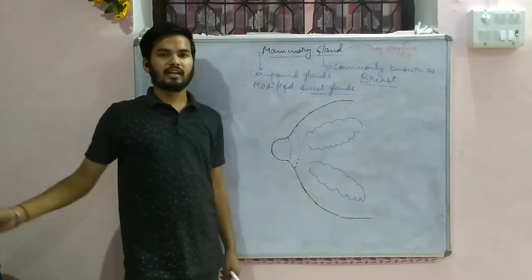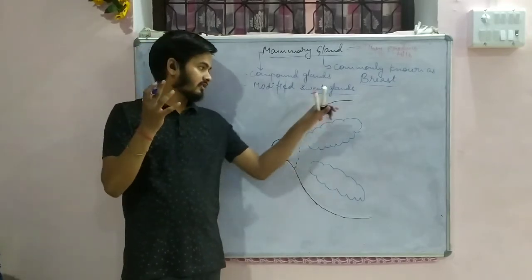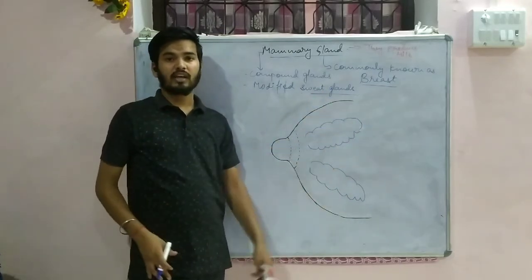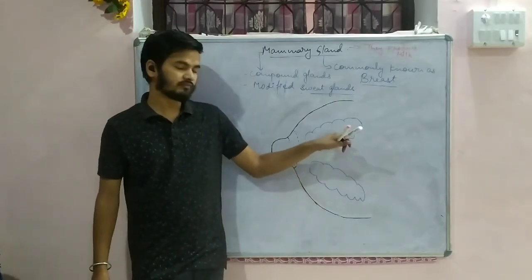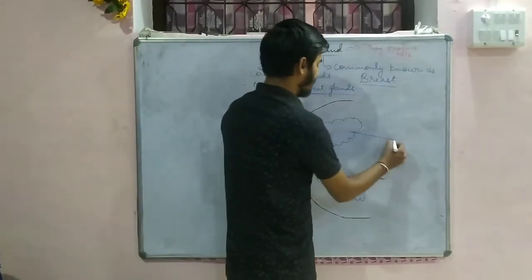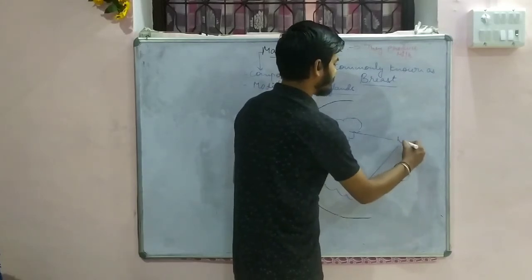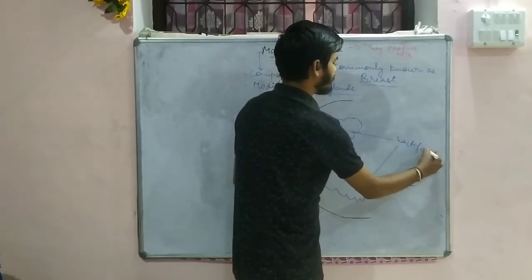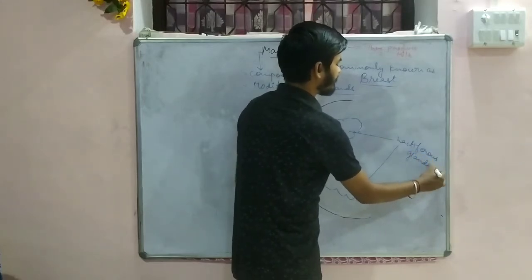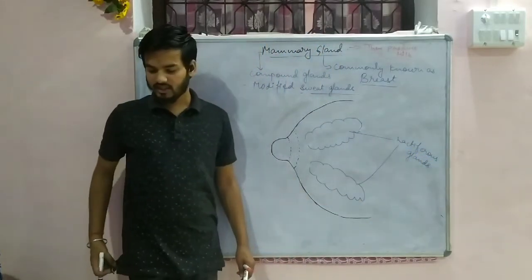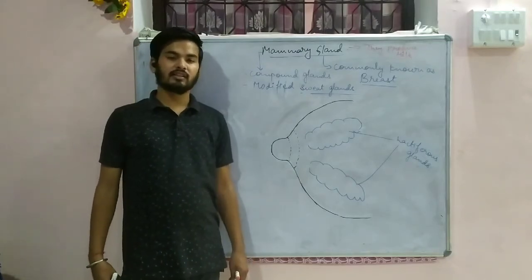Okay, these are the glands in this breast which are producing the milk. These glands are known as lactiferous glands.